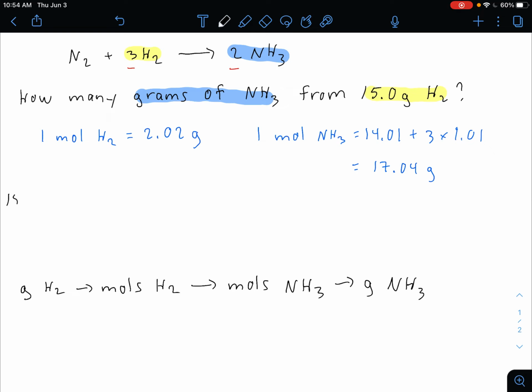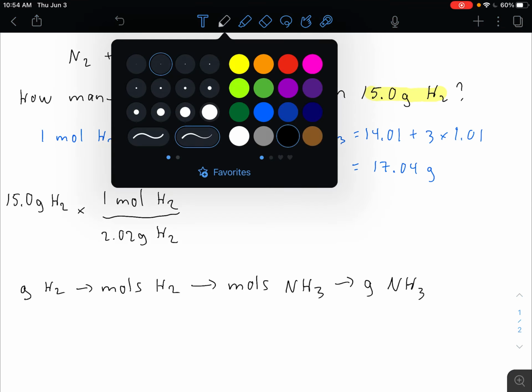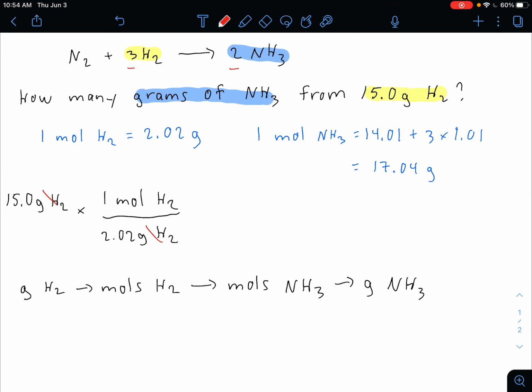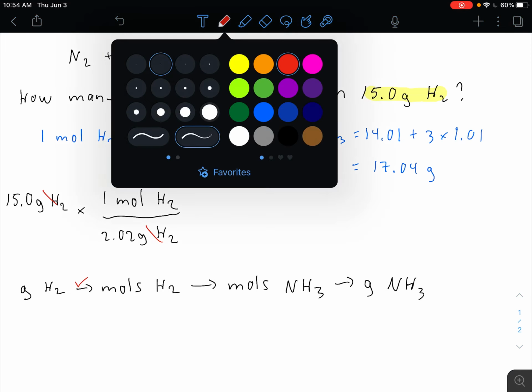So 15.0 grams H2 times 1 mole H2 over 2.02 grams H2. Grams cancel, that's our first step.